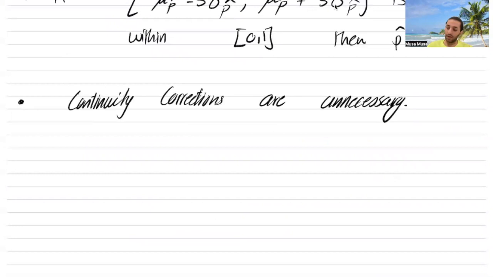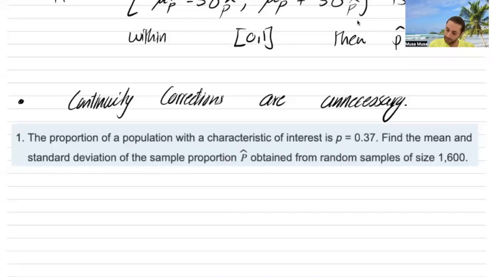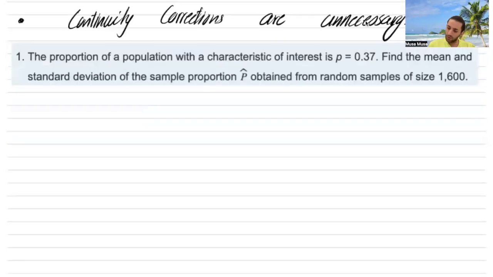Okay. Now let's do a little question for you guys. So the proportion of a population with a characteristic of interest is P equals 0.37. So the probability that whatever's happening is 0.37. Find the mean and standard deviation of the sample proportion P hat obtained from random samples of size 1600.